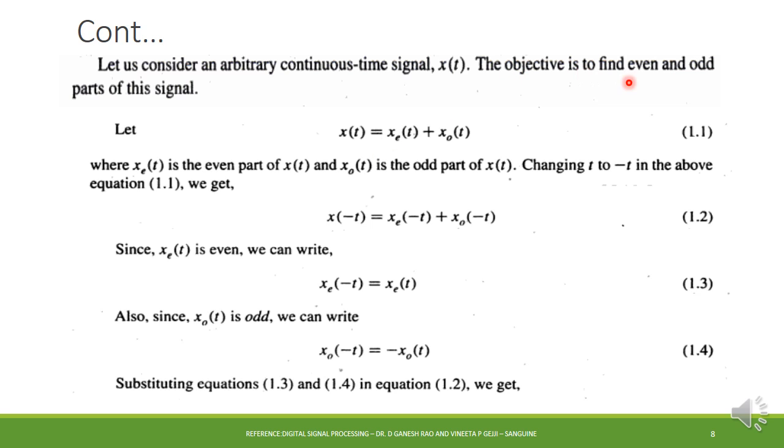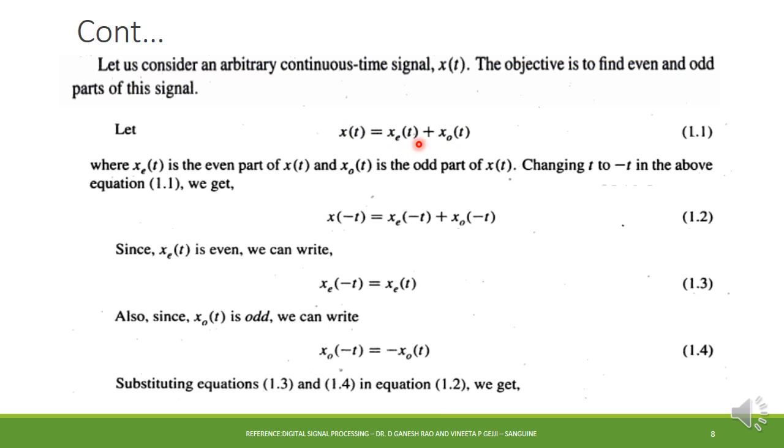The objective is to find the even and odd parts of the signal. Let us consider x of t is equal to xe of t plus xo of t, that is equation number 1.1, where xe of t is the even part of the signal x of t, and xo of t is the odd part of x of t.